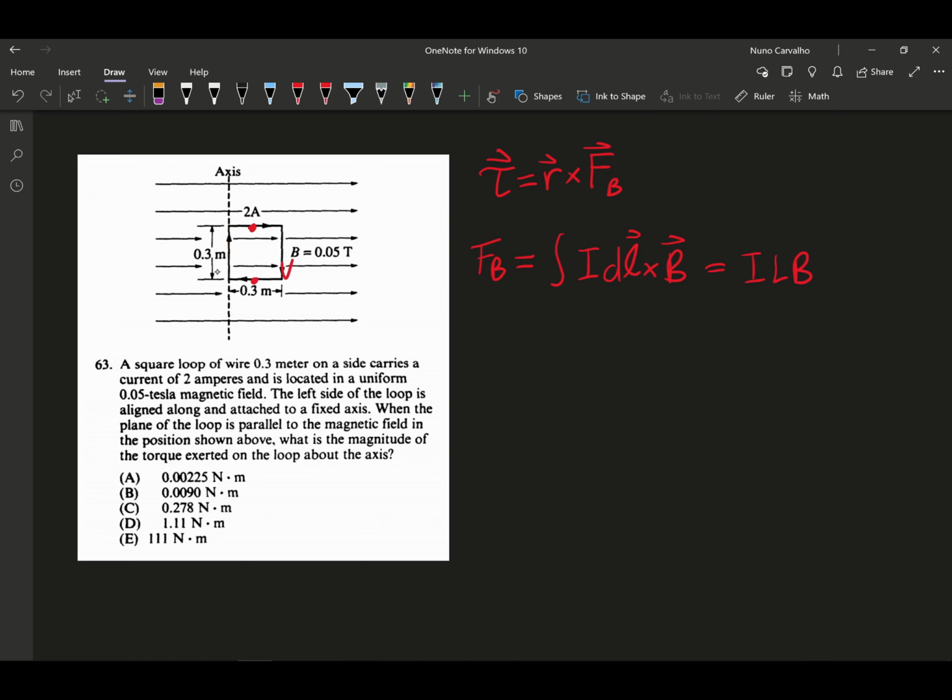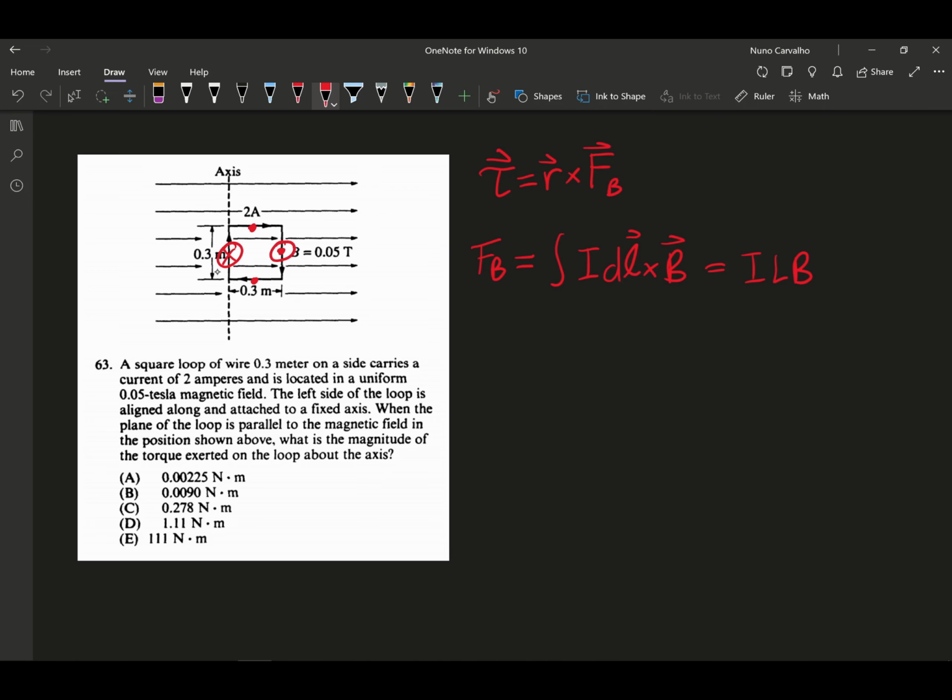Using, again, the right-hand rule, current is going up, and then the magnetic field is going to the right. And so what you should get is that the magnetic force should be going sort of into the page, which is to say then that the magnetic force on the other side should be going out of the page. And you can check that again with the right-hand rule.